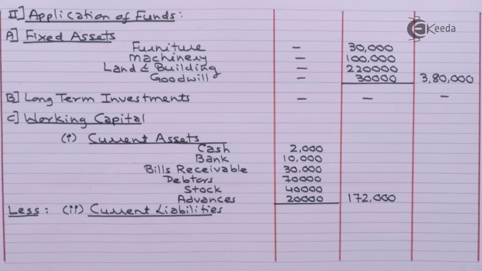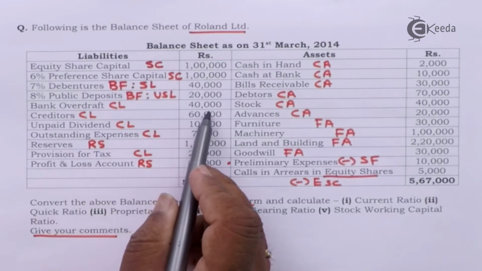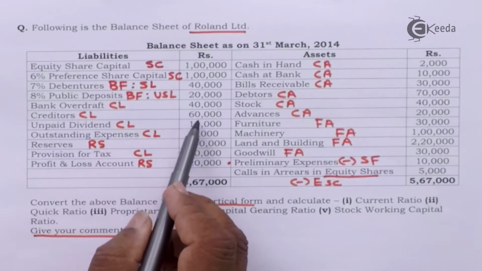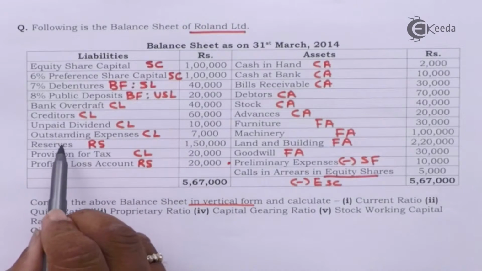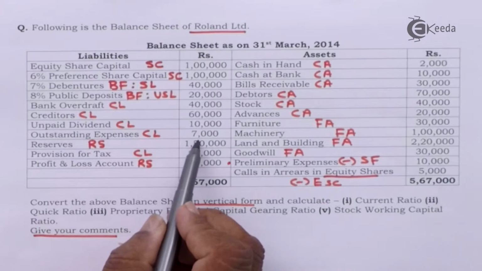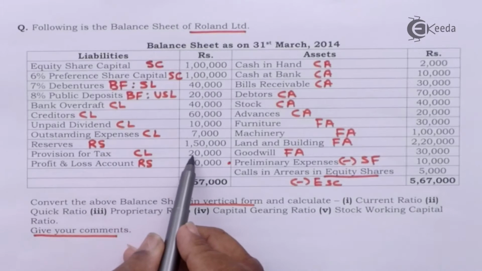Less current liabilities: bank overdraft, creditors, unpaid dividend, outstanding expenses, provision for taxation, all current liabilities.